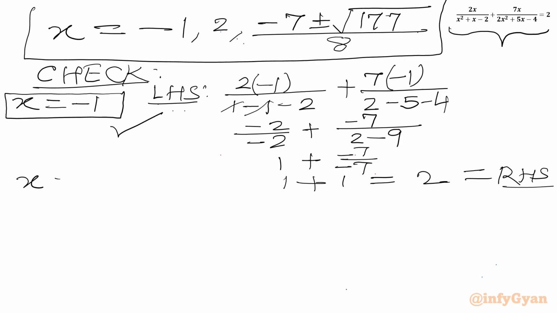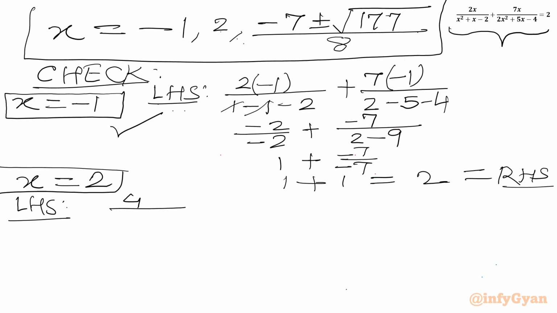Now the turn of x equal to 2. So I will write LHS: 2x, so 4 over x squared plus x, so 2 squared is 4, plus 2, minus 2, plus 7 times 2, so I will write 14 over 2x squared plus 5x, so 8 plus 10, minus 4.